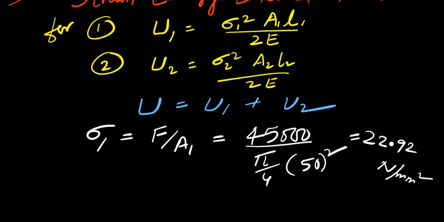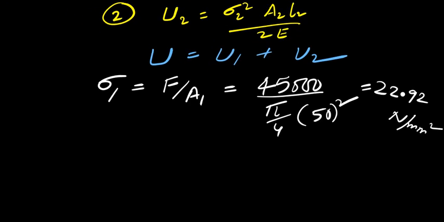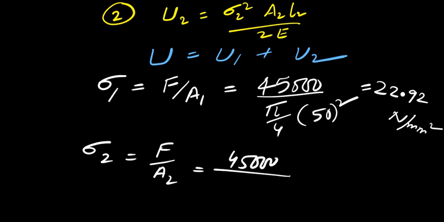Similarly, we calculate sigma 2: again F by A2, which is 45,000 by pi by 4 into 25 square.